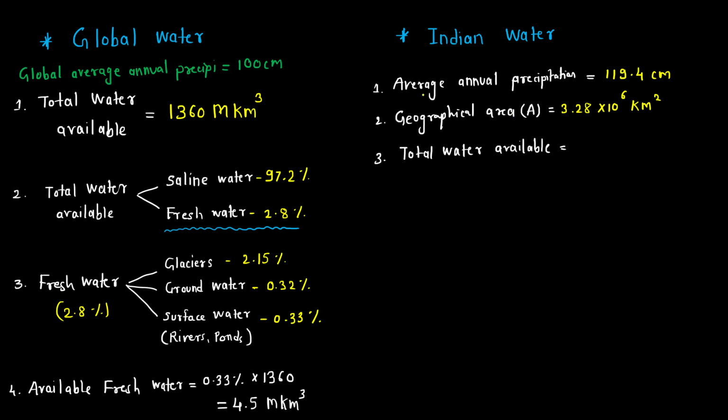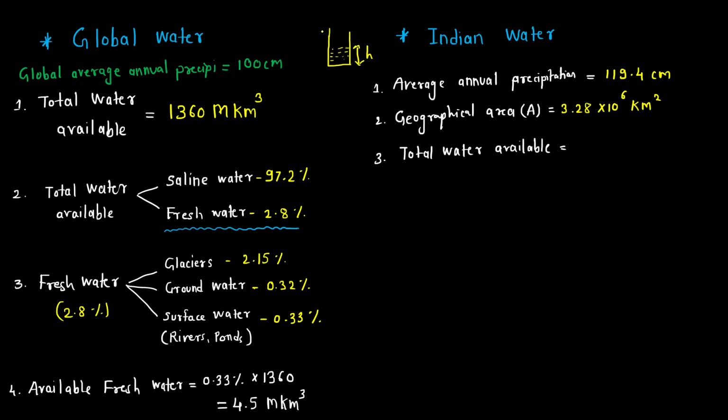See, this average annual precipitation, this 119.4 centimeter, is representing the depth of rainfall. That is, let's imagine that this is a container and rainfall is taking place, then slowly this container will start getting filled. So the depth up to which it is filled is given by this height. Okay, so this height is 119.4 centimeter.